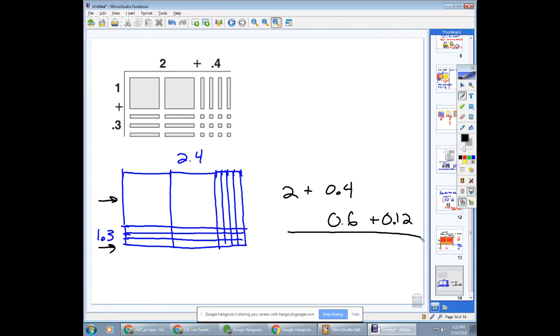And so then I can combine stuff together. These two give me a whole. And so in the end, I can get my 3 and 12/100ths. Does any trading in go on here secretly?